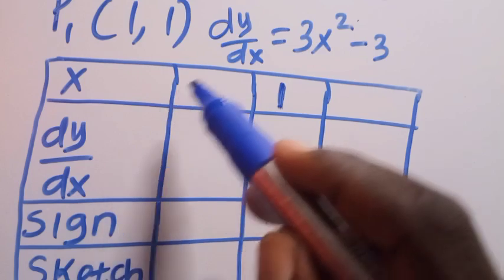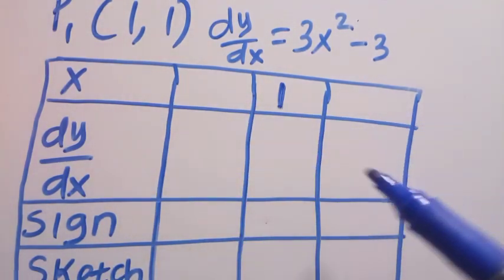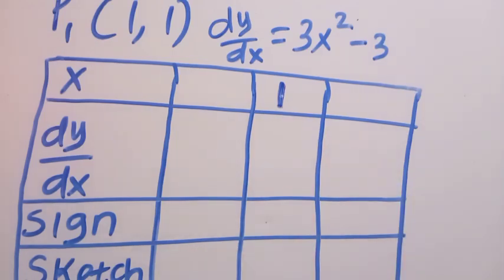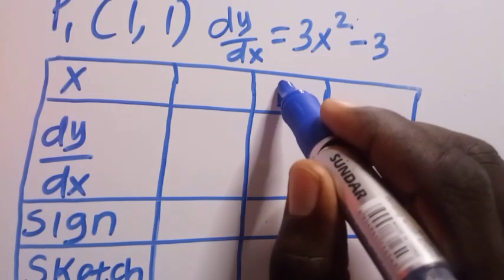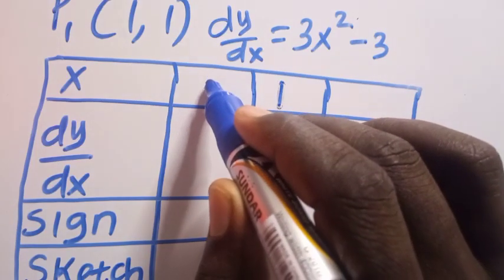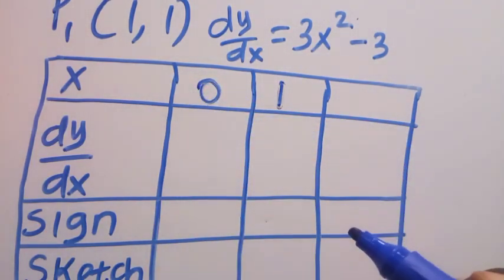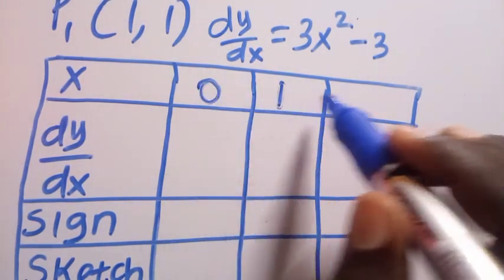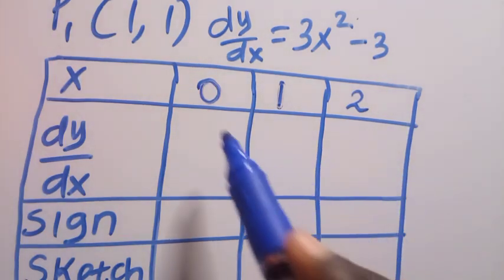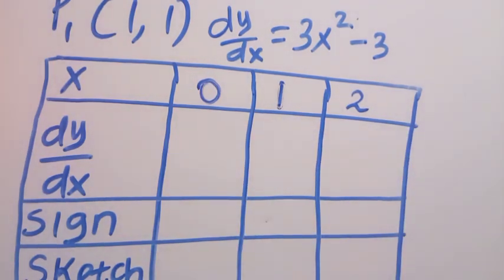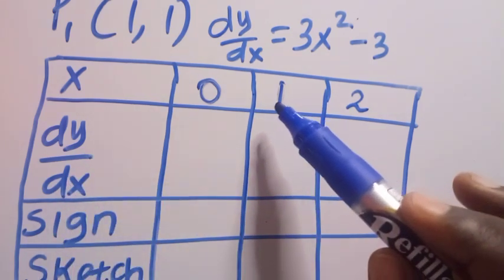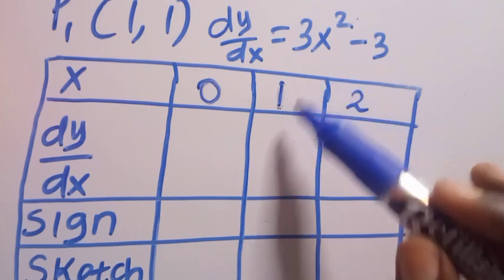That is, we shall have this column and this column. Just before 1, we shall have 0. And after 1, we shall have 2. Those are whole numbers. And our dy over dx, when x is 1, is just 0.